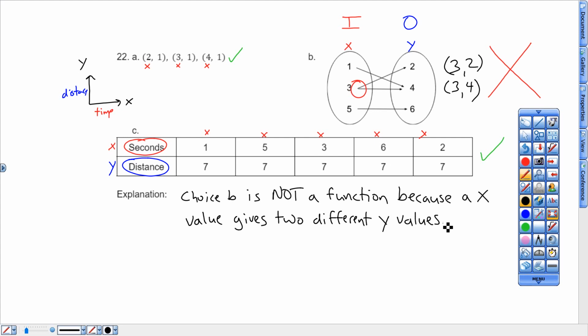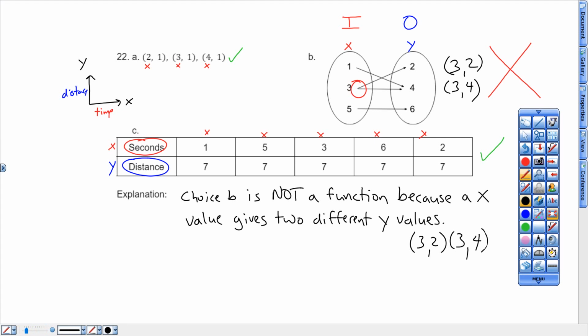And then period at the end of that sentence, and then maybe show me what you mean. That 3, 2 and that 3, 4 cannot have the same x number give you two different y numbers. That breaks the input-output rule.